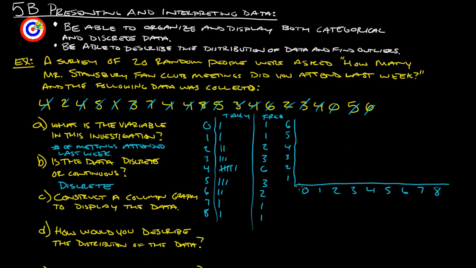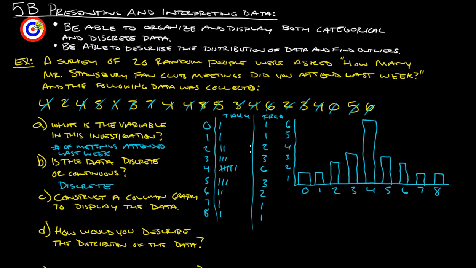So 0 got 1. 1 had 1. 2 had 2. 3 had 3. 4 had 6. 5 had 3. 6 had 2. 7 had 1. And 8 had 1. So that's what our column graph would look like.